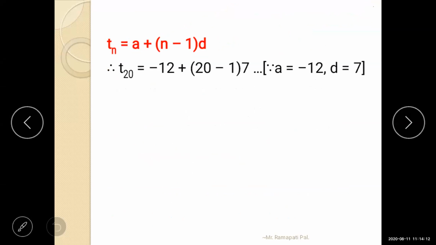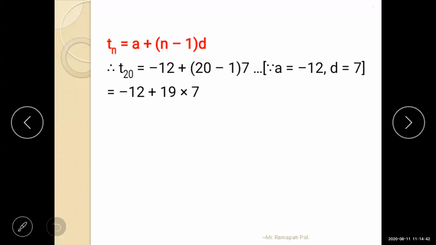So T20 is equal to minus 12 plus 20 minus 1 in the bracket multiplied by 7. Okay. 20 minus 1 is 19. Correct? So minus 12 plus 19 into 7. You have to multiply first according to the BODMAS rule. Okay?